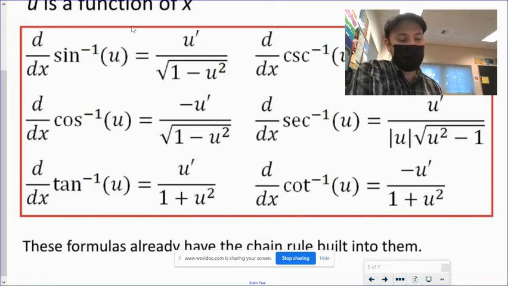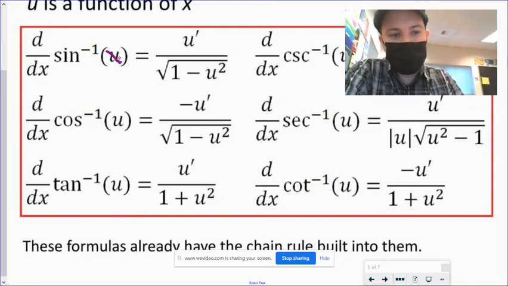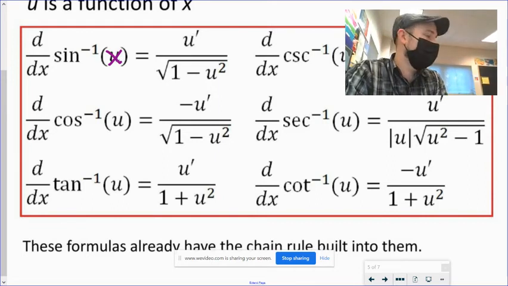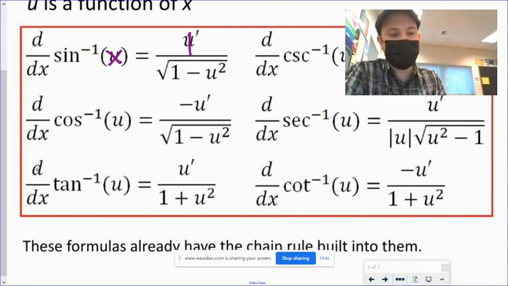If u happened to equal x, what would go on this numerator here? What would u prime be, Blake? It'd be 1. So like in the example we just came up with, the derivative with respect to x of tangent inverse of x would have just a 1 in the numerator.